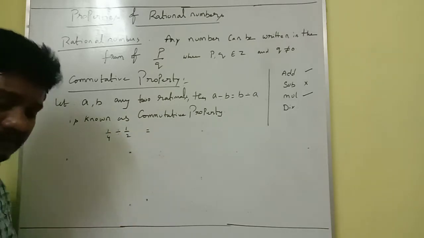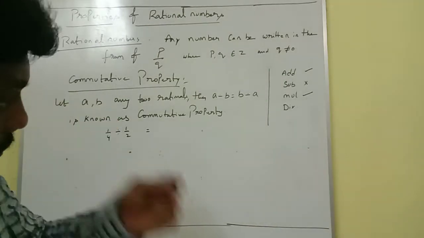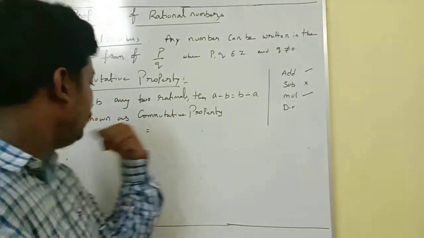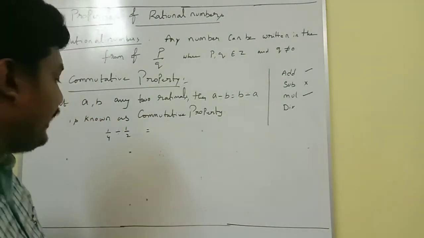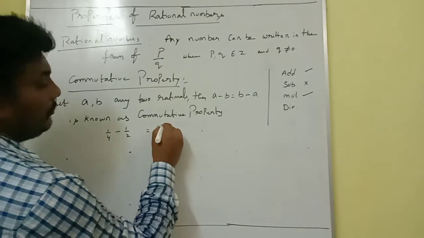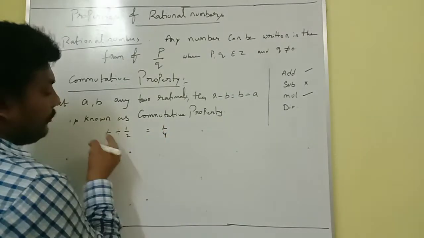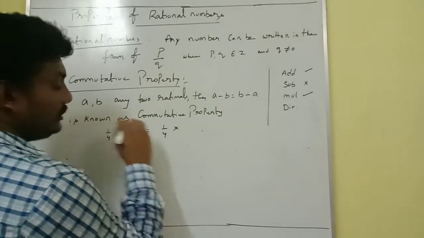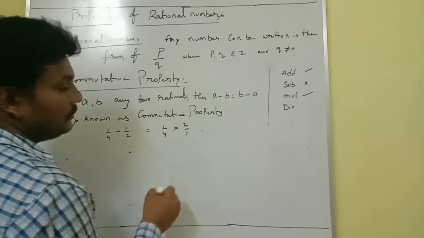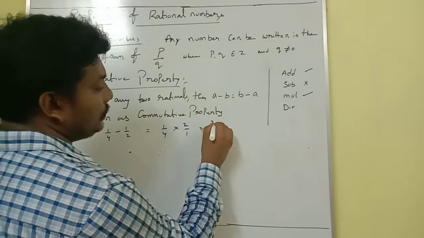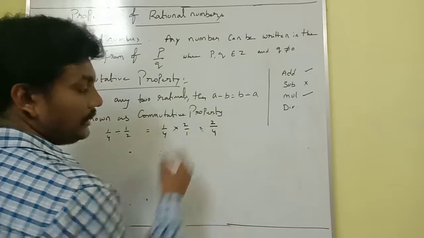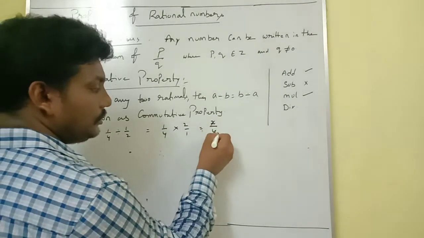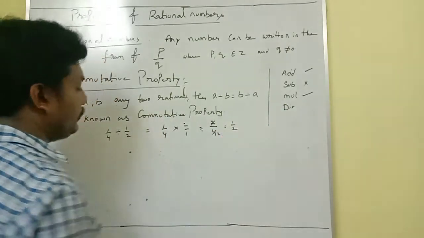How to solve this one? We know how to do divisions for rational numbers or fractions. This is 1 by 4. Division becomes multiplication, and the number after it becomes its reciprocal, that is 2 by 1. Now 2 ones are 2 and 4 ones are 4. If simplification is possible, 2 ones and 2 twos, we get the same, that is 1 by 2.